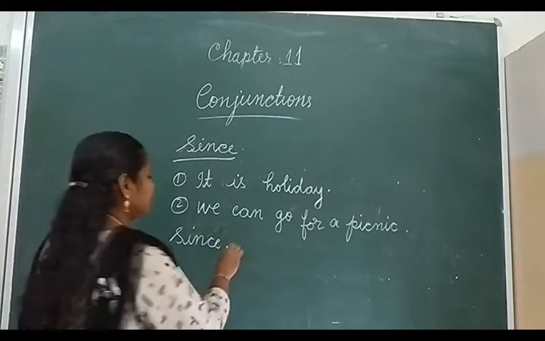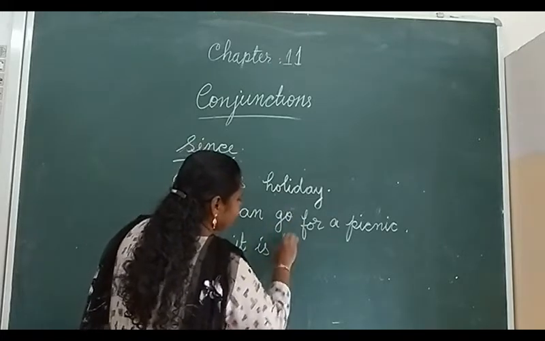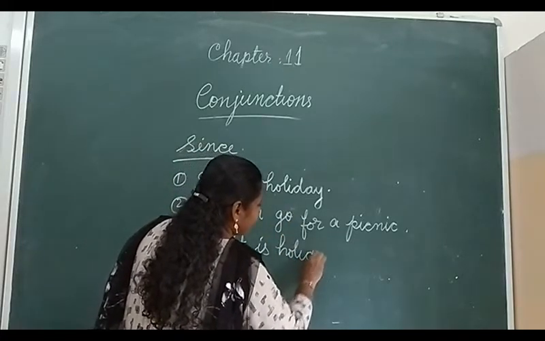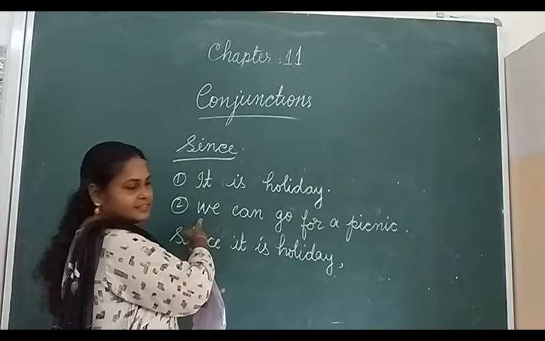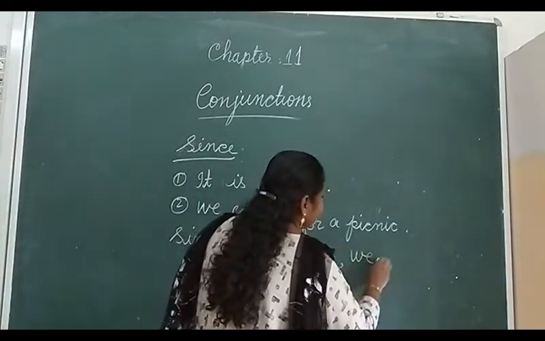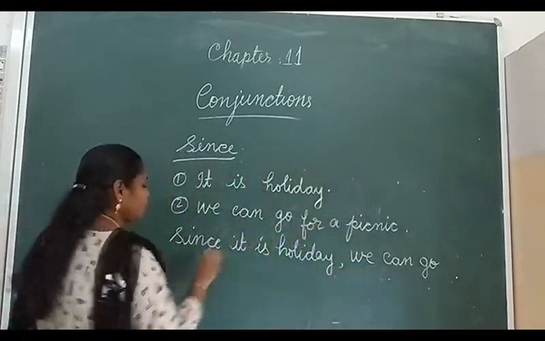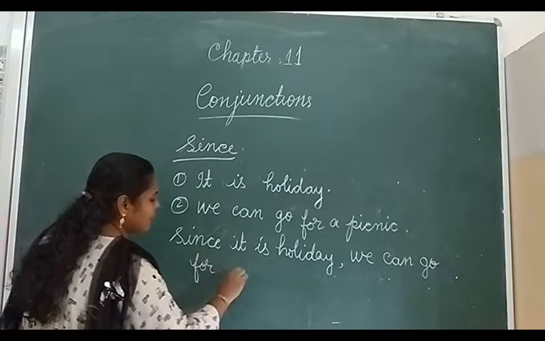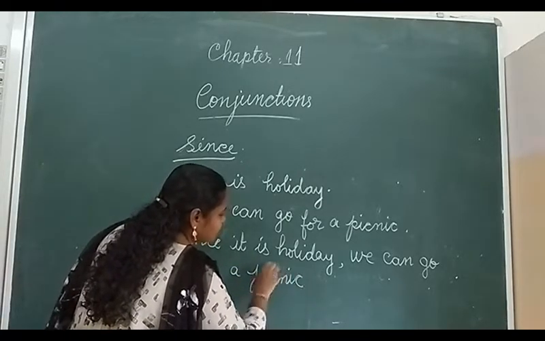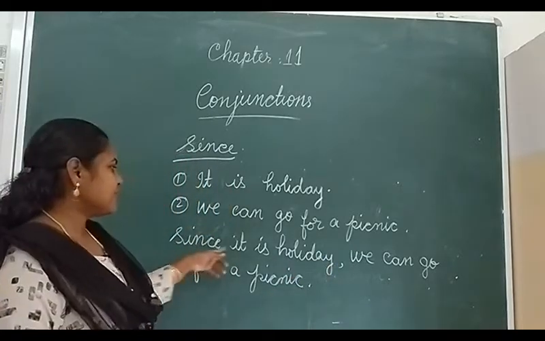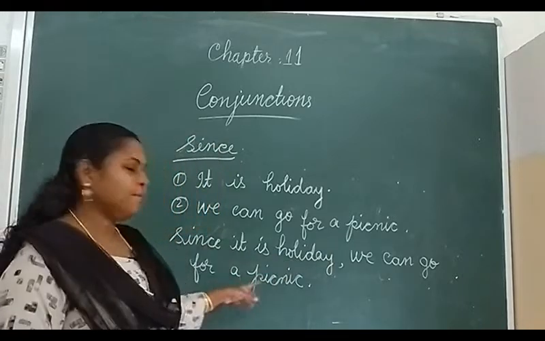Since it is holiday, with a comma, then the next sentence: we can go for a picnic. Okay, since it is a holiday, we can go for a picnic.